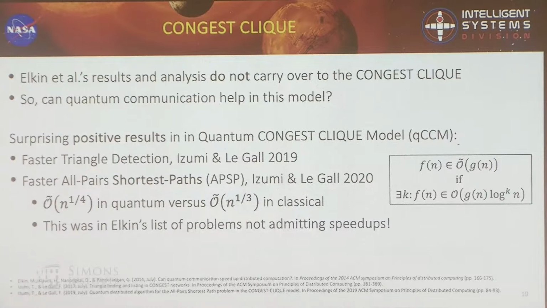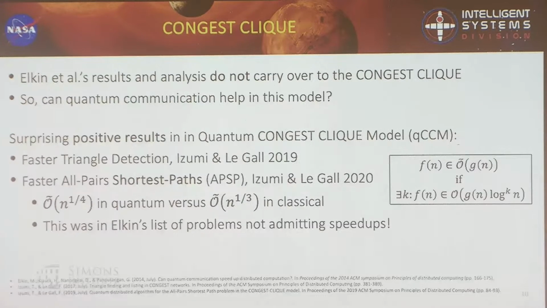However, these negative results don't carry over to the CONGEST-CLIQUE model, and there were some positive results prior to us from Legal and co-authors on faster triangle detection in a graph and faster all pairs shortest paths in a graph.